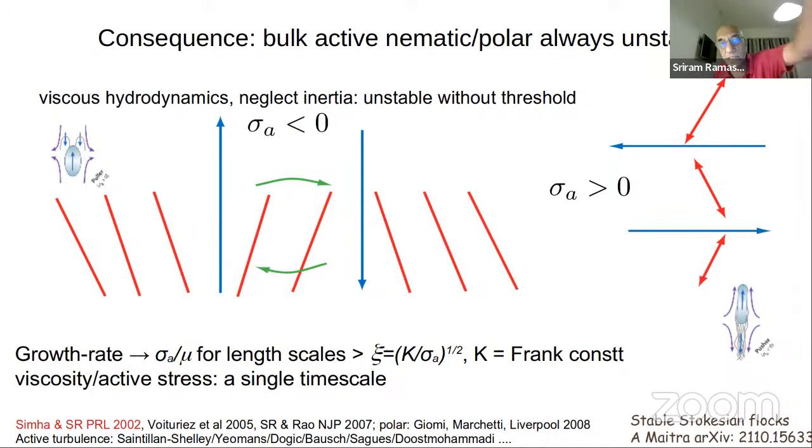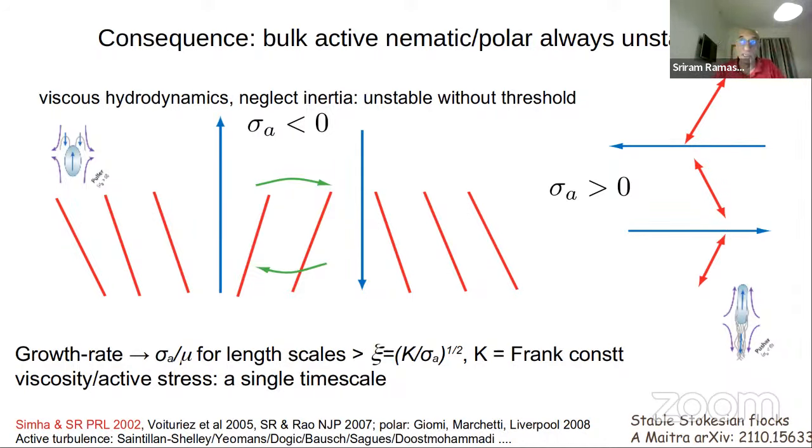So one interesting direction you can take this in is, okay, what happens if I include inertia? What happens if I keep track of the fact that the velocity field actually has a dynamics and solve this equation and this equation together as fully fledged dynamical equations?